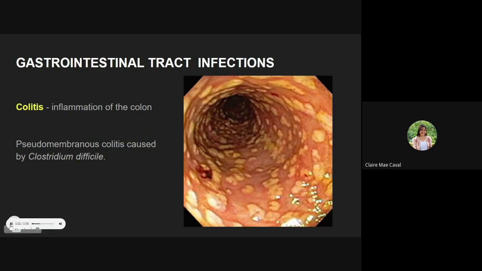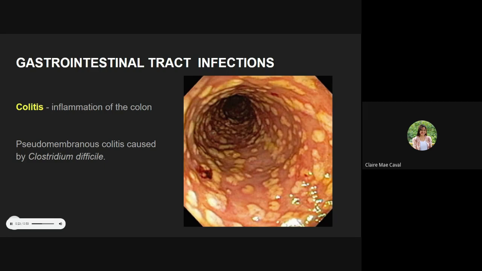So we have here the gastrointestinal tract infections. First is colitis, the inflammation of the colon, in particular your large intestine. I have an example here: pseudomembranous colitis caused by the bacterium Clostridium difficile.